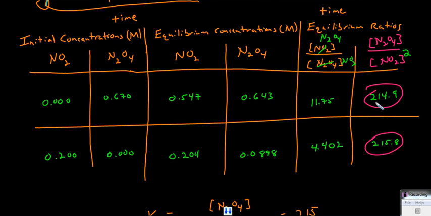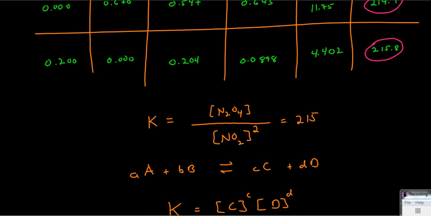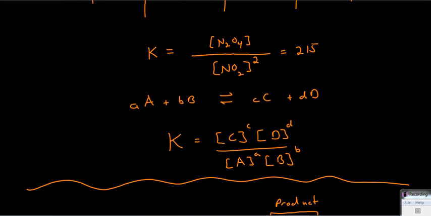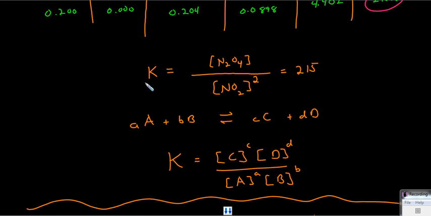You see that it's constant, 215, 215. Yes, there's a general relationship where there's going to be some constant ratio of product to reactant, and that must incorporate exponents, which were the coefficients. This capital K value is called the equilibrium constant.